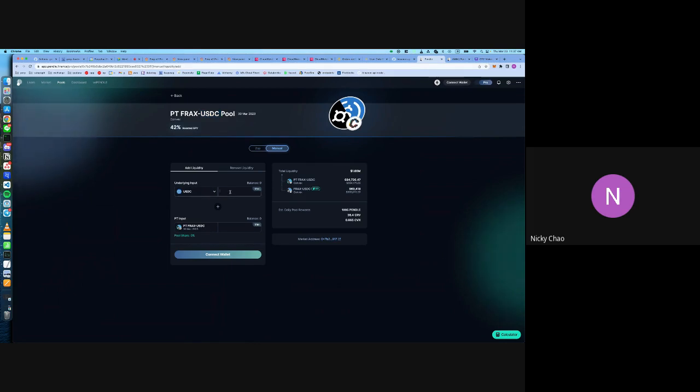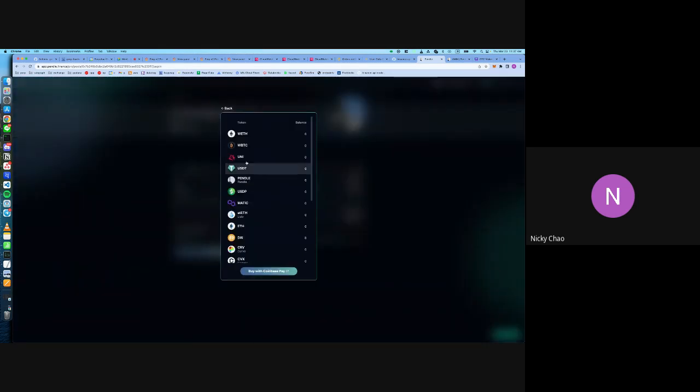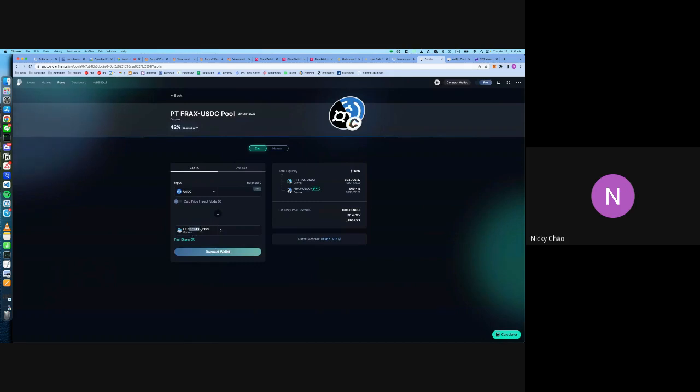So you need to have USDC in your wallet. And you also need to have PT because the pool is PT and SY. So you need to have both PT and SY. And they also have an automatic feature they call zap in, where you can choose any token you want to provide the liquidity for this pool, and it will magically do the swapping under the hood, so you can provide liquidity.